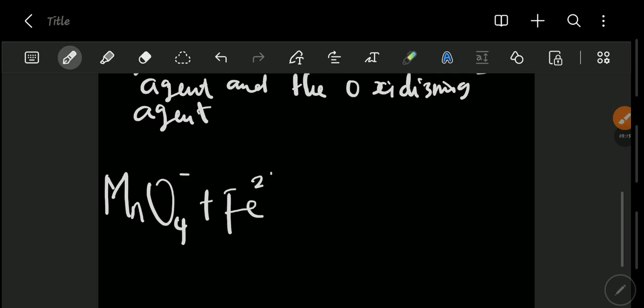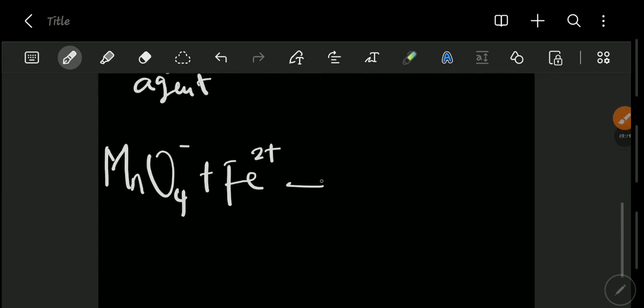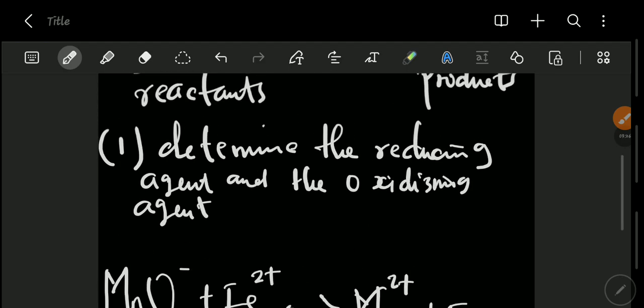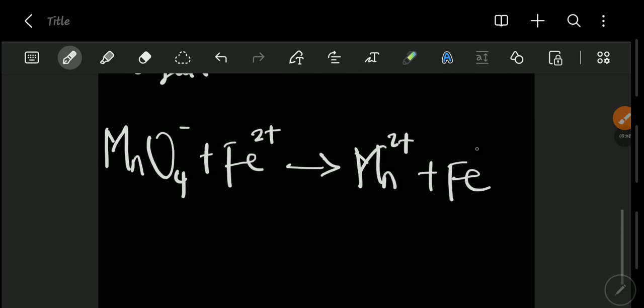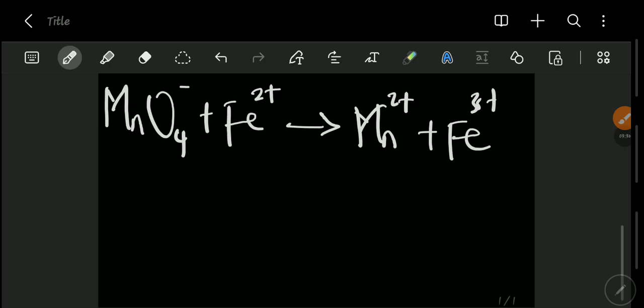So we have that's iron 2, and then it's giving us Mn2 plus and Fe3 plus, right?